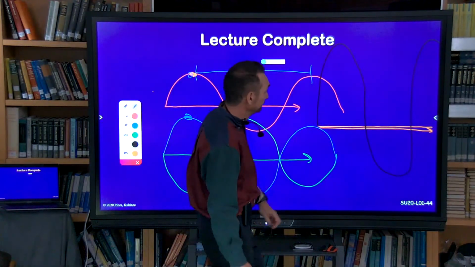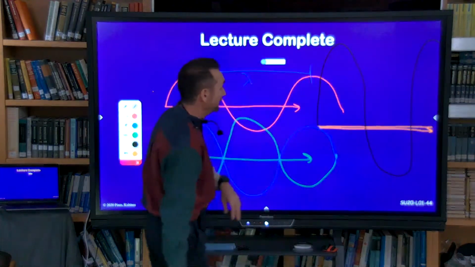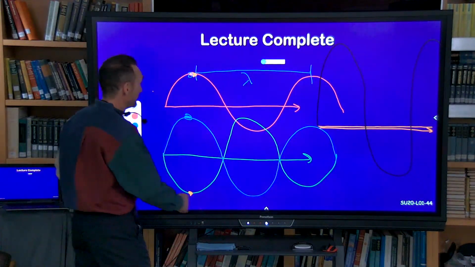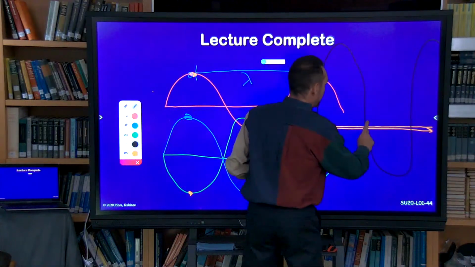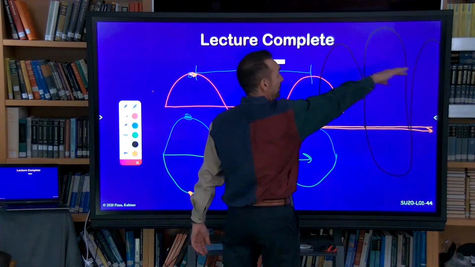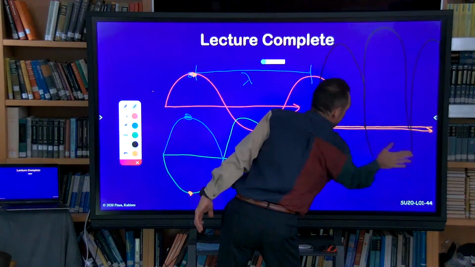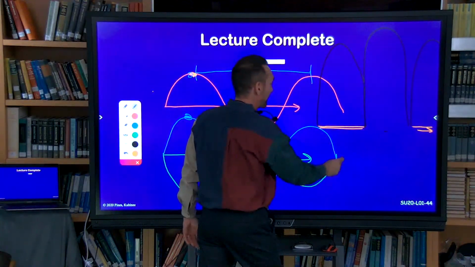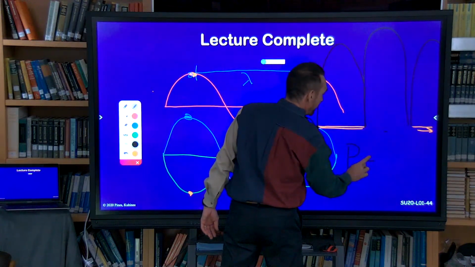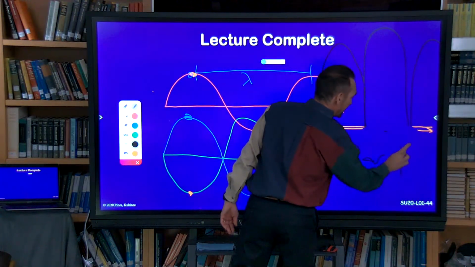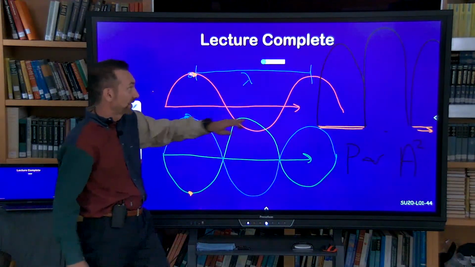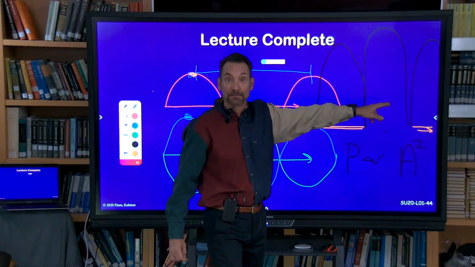Okay? You can't have negative probability. So what we'll probably end up doing is we'll just take this function and square it, so everything is positive. So we'll say that the probability is proportional to the amplitude squared, just so we can get all positive numbers.